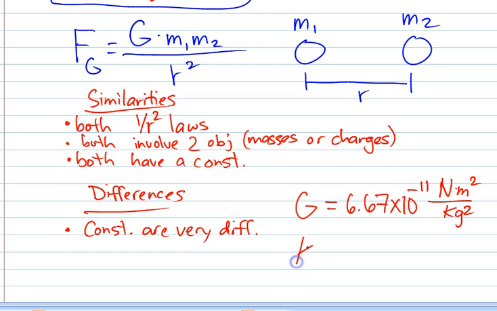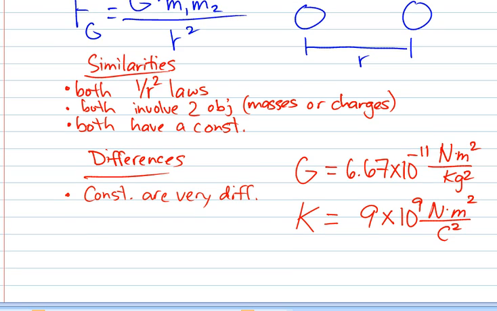K, on the other hand, sometimes we write it with a k little e, but don't worry about that. This is the electric constant, and this is 8.99. Well, we're just going to write that as 9 times 10 to the 9th newton meter squared per coulomb squared.